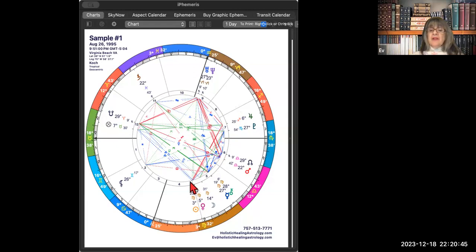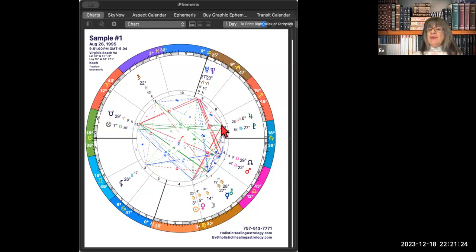So the sun is faster or closer to the sun than Jupiter is. So it's always the sun moving towards Jupiter. So in other words, the relationship is the sun is moving towards Jupiter. So the faster one is always approaching the slower one. So because the sun is approaching Jupiter, it's a solid line.